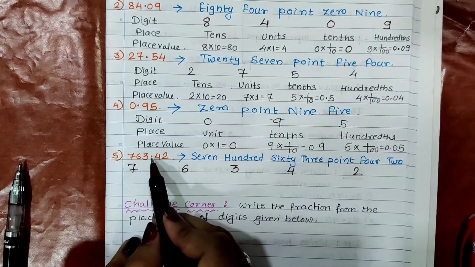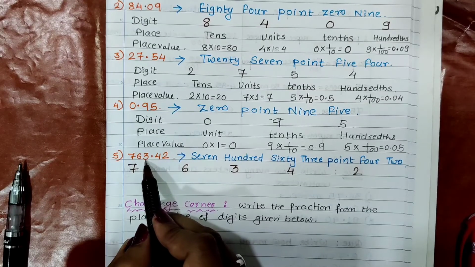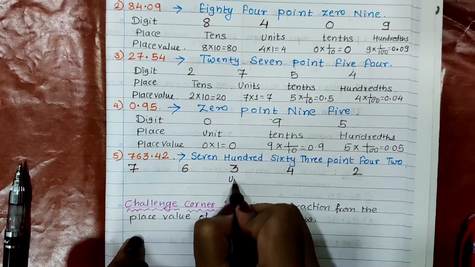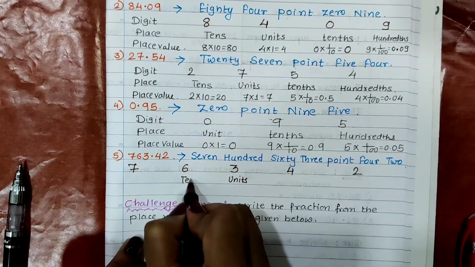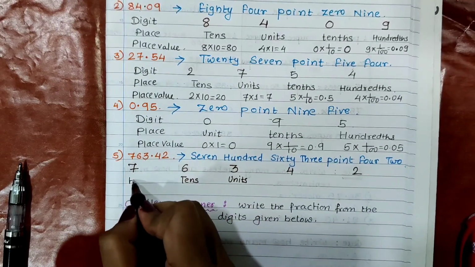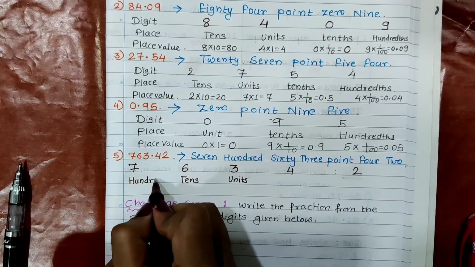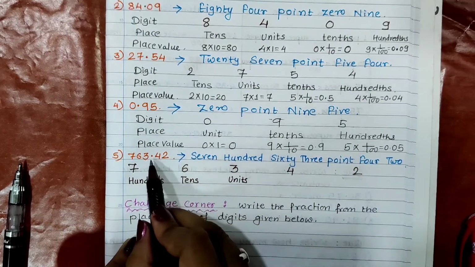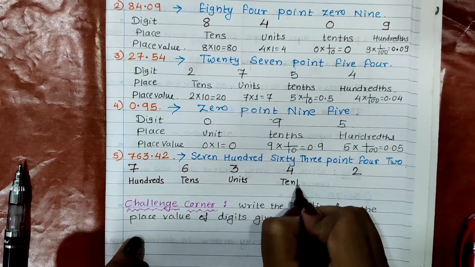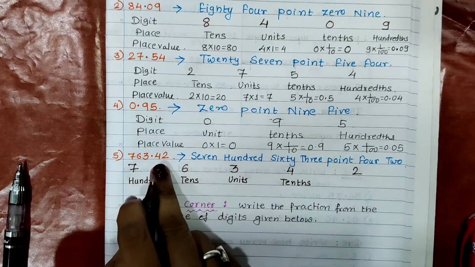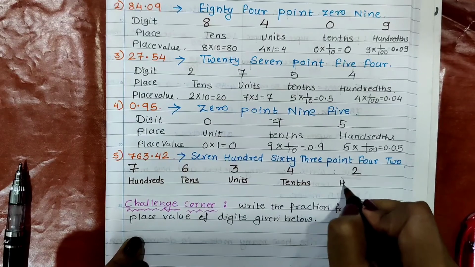Okay, on left side of decimal point, this 3 will be at units place, 6 will be at tens place, 7 will be at hundreds place. Now on the right side 4 is at tenths place, 2 is at hundredths place.